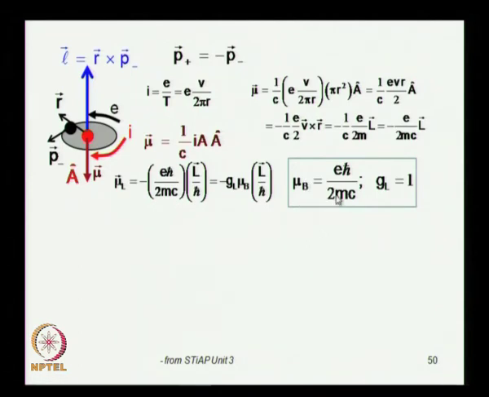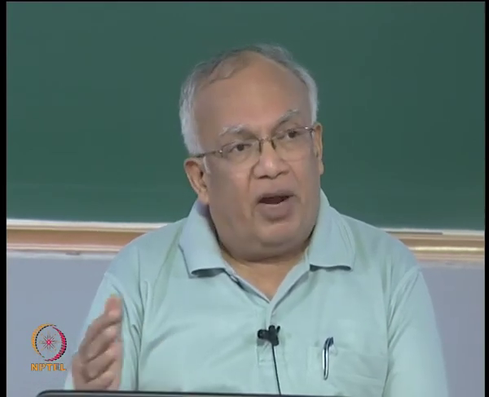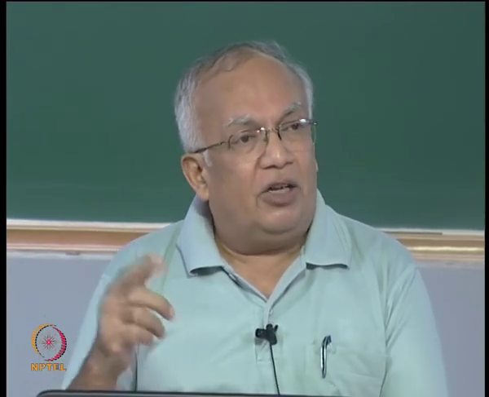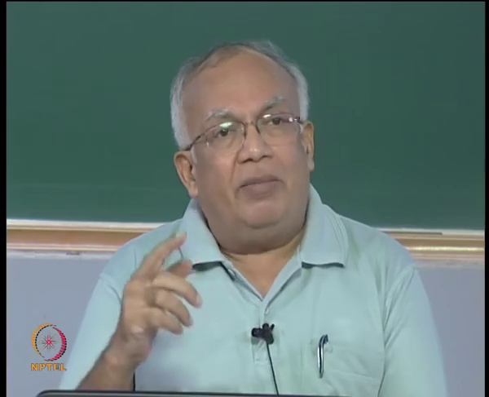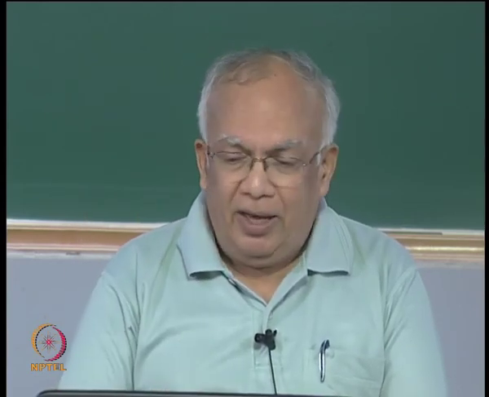So this is e h cross over 2mc, this is the Bohr magneton. There is an additional factor g which is introduced, which is in this case equal to 1, and we need not worry about it at this stage, but it becomes relevant only in the context of the magnetic moment coming from the electron spin. Okay.